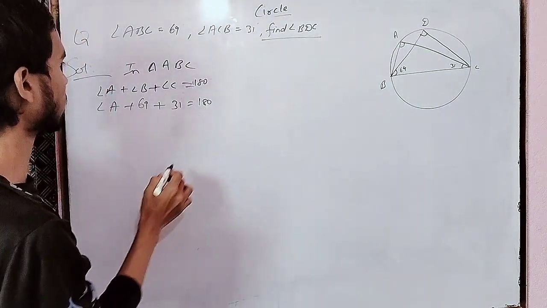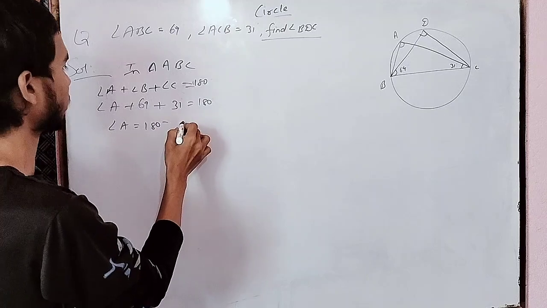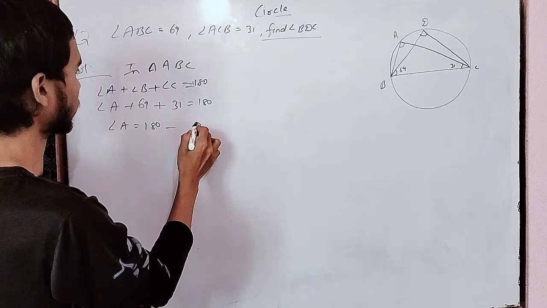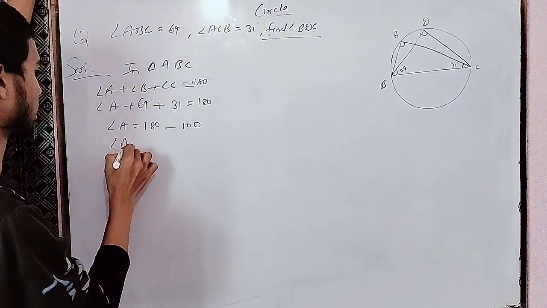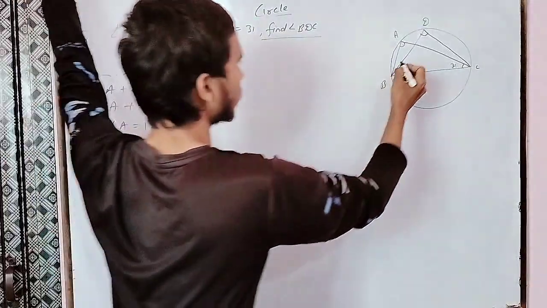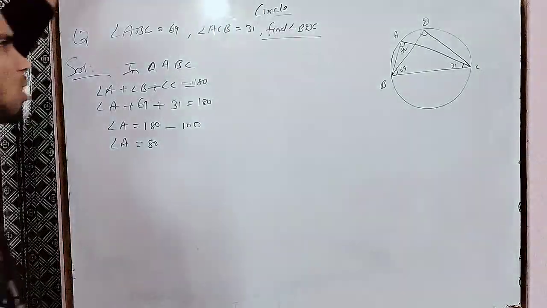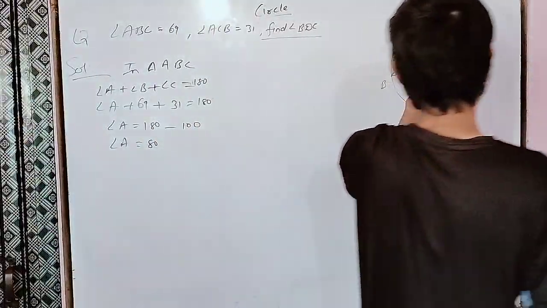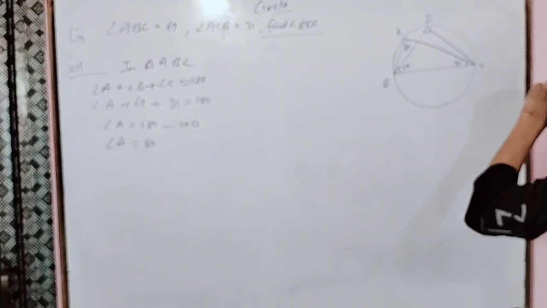They form 180 degrees, so angle A is 180 minus 100, so angle A is 80 degrees. So we have got this as 80 degrees. Now how do we find the measure of this angle?